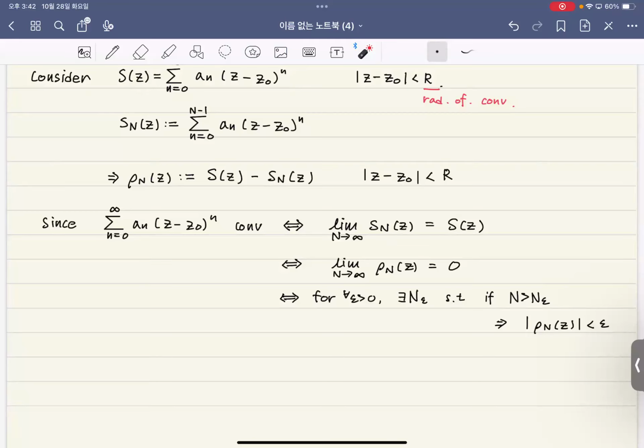To discuss this convergence of a sequence of functions, pointwise convergence is not a good choice. There is actually a better definition. Do you know what it is? Uniform convergence. Right. So today I want to discuss the uniform convergence of sequences of functions.